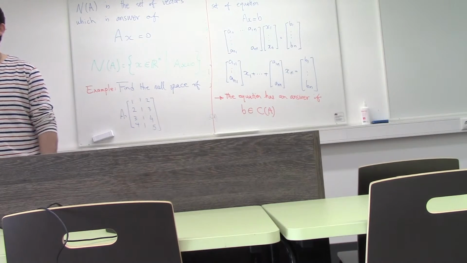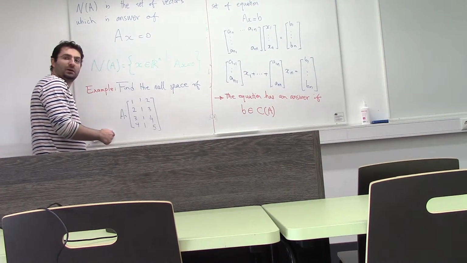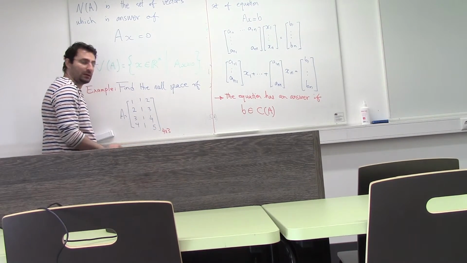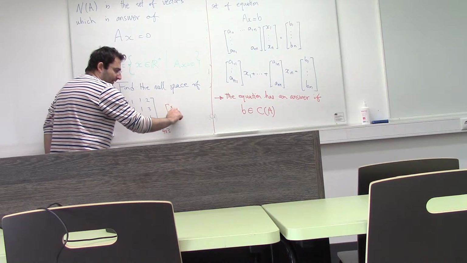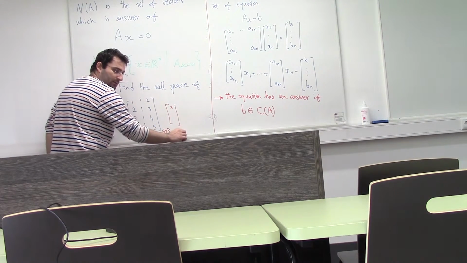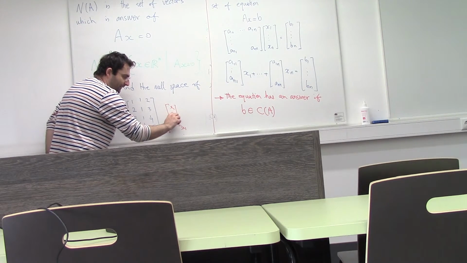How many unknowns do we have? I mean, we have 4 rows and 3 columns, and it will be multiplied by x, right? What should be the size of x? 3 times 1.